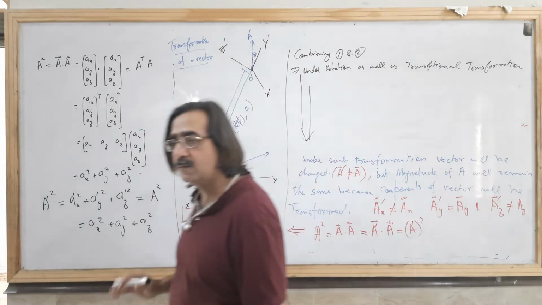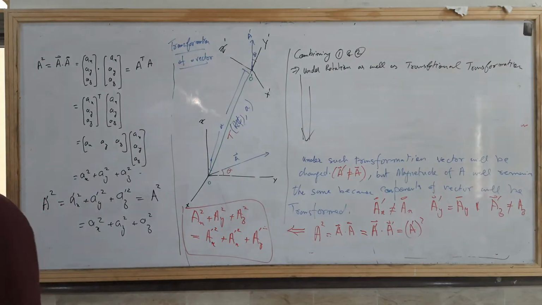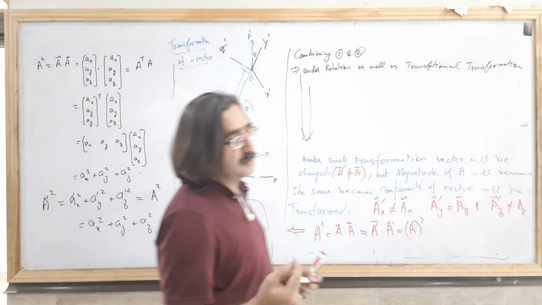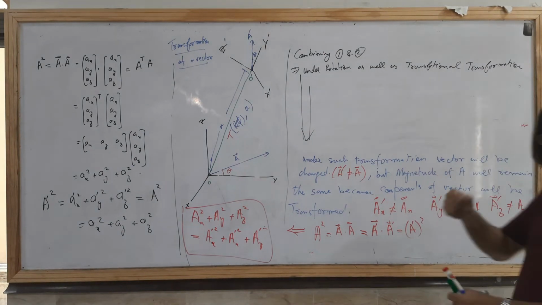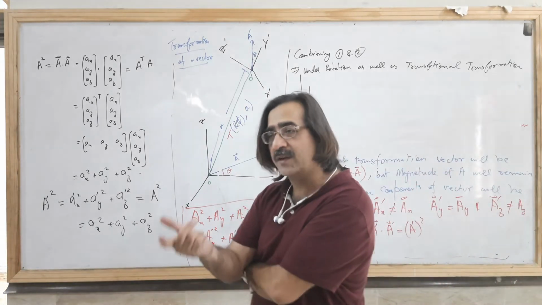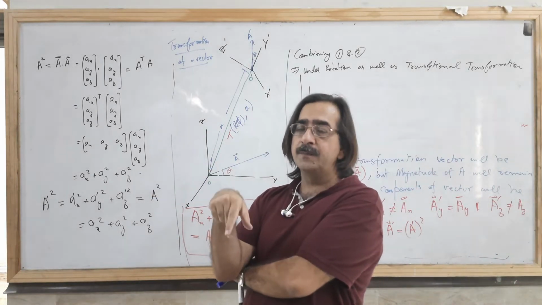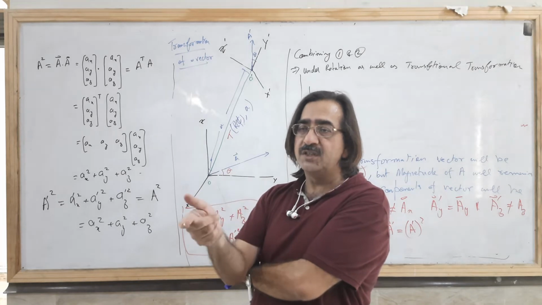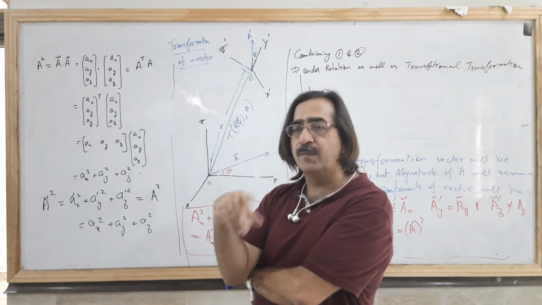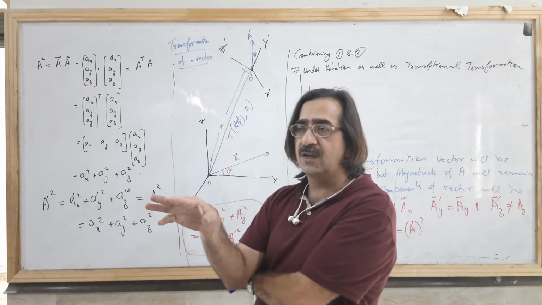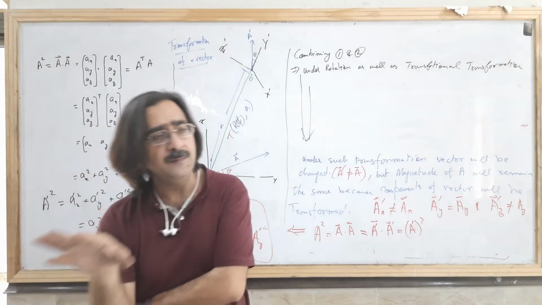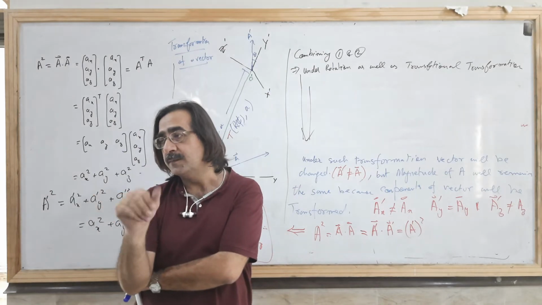Because in rotation the component is also constant, under rotation the vector remains the same, under translation the vector remains the same, so the magnitude remains constant, invariant. Under rotation the magnitude is constant. So if I combine 1 and 2, under rotation and translation transformation both will remain the same. Okay, got it.